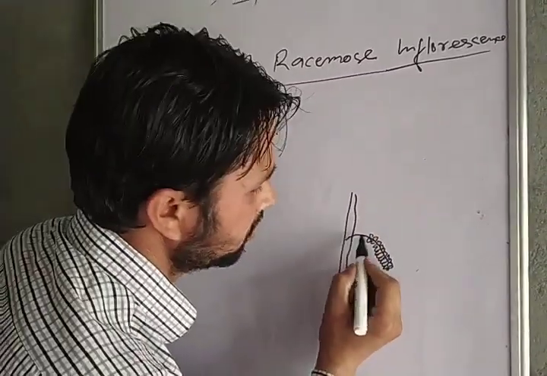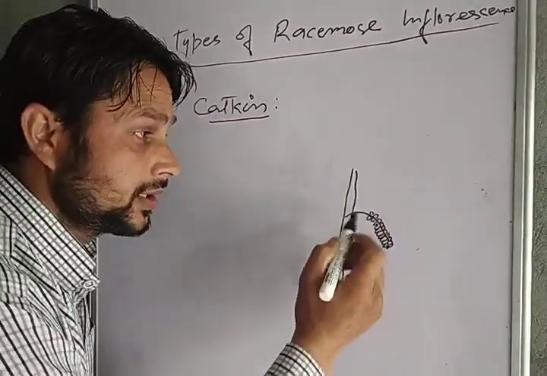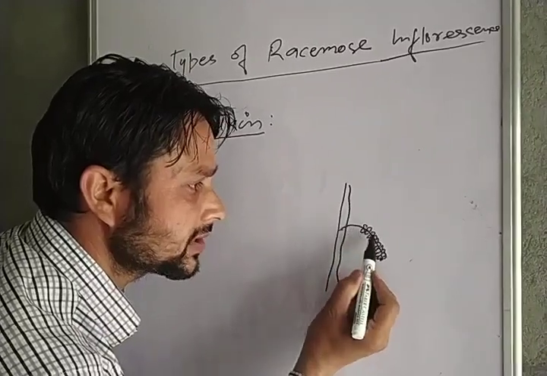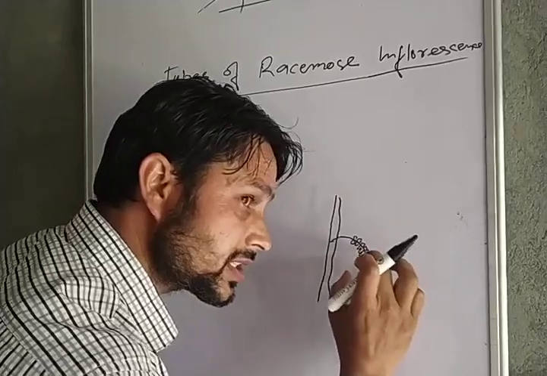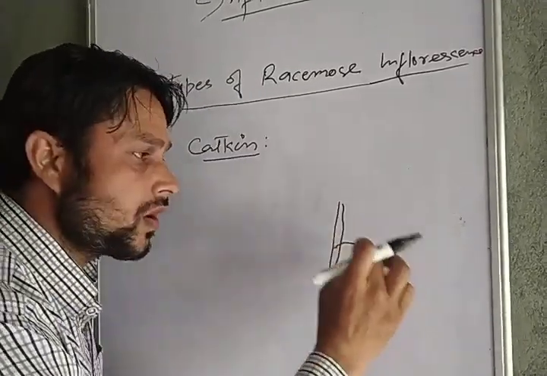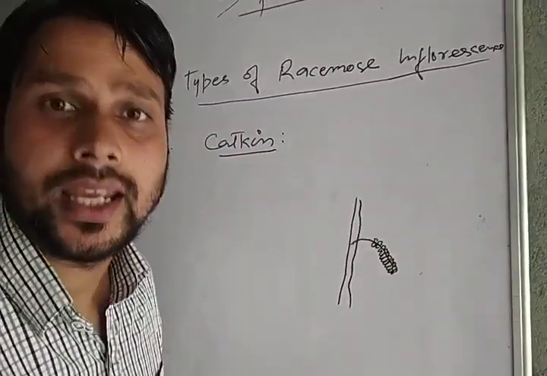you have observed it. This is catkin type of inflorescence, where this peduncle remains hanging, and to this peduncle the flowers remain attached, which are unisexual and sessile.